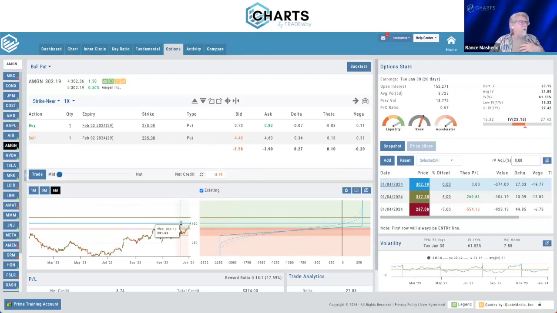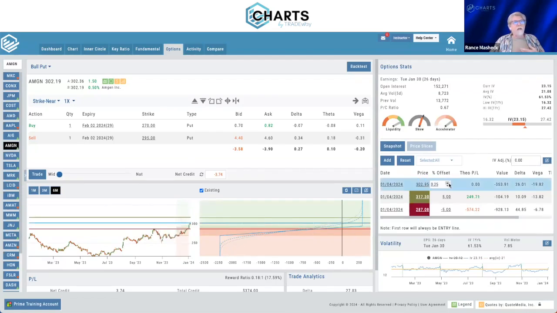If, however, I'm looking at getting in when it drops down to here, I can make a change where I plan my entry point.